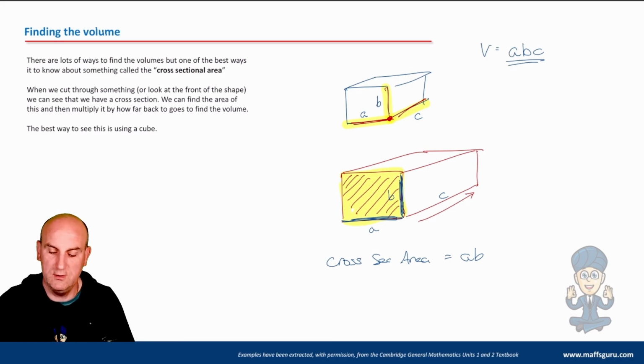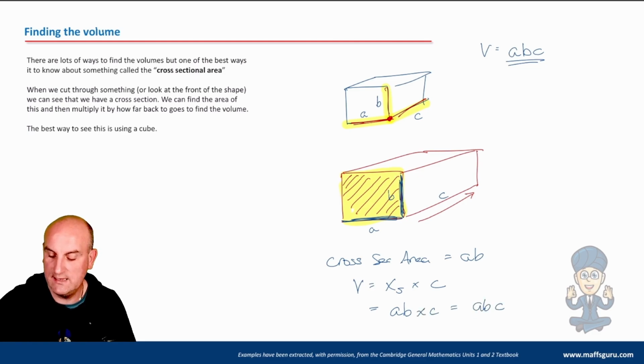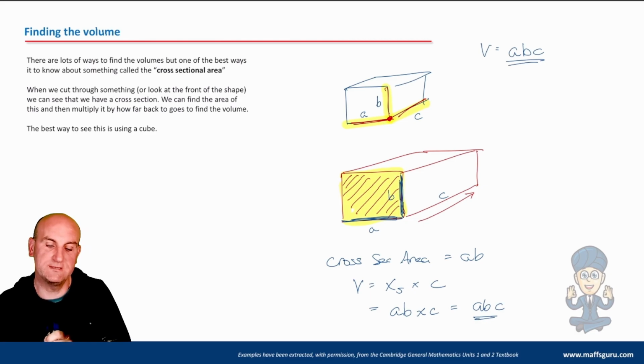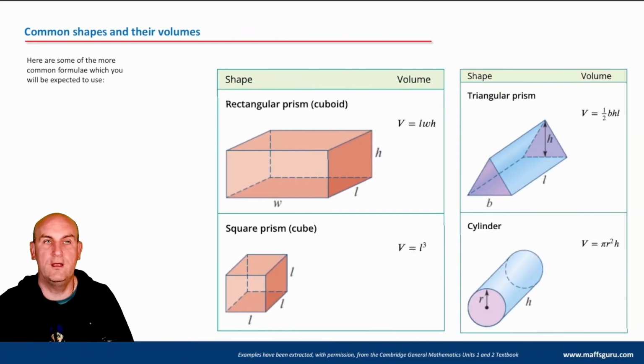Then my volume, which is cross-sectional area times how far back it goes, will be cross-sectional area times C, which is AB times C, or ABC. So they are exactly the same. This works for all prisms that I can think of off the top of my head. Yep, all prisms, where if you can find the area of the front, or a face, and multiply by how far back it goes, life is good.